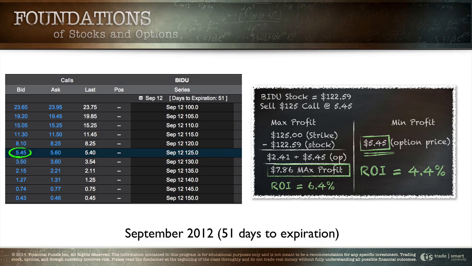We've got a maximum profit now of $7.86, which is an ROI of 6.4% in 51 days. Some of you would be thrilled to get 6.4% in a year, and this is in 51 days. And your minimum profit was 4.4%.